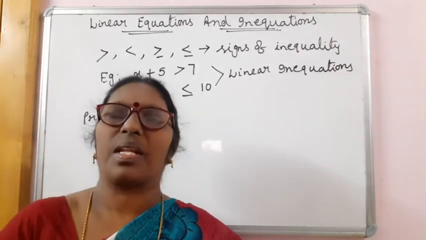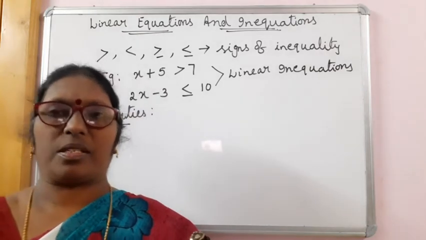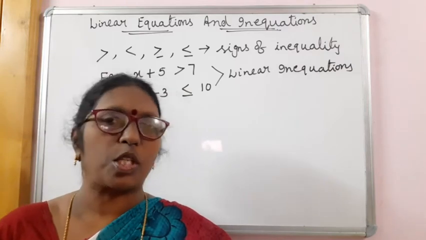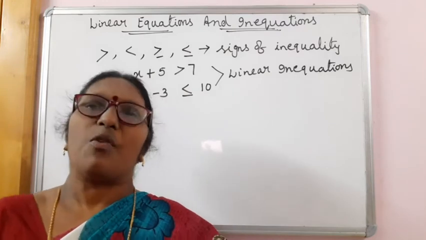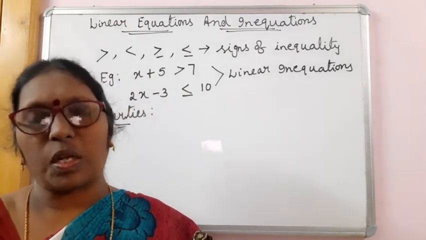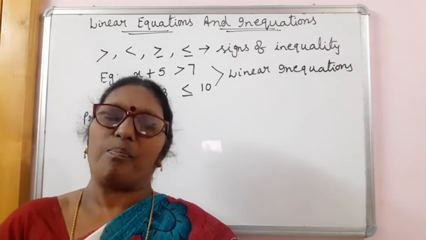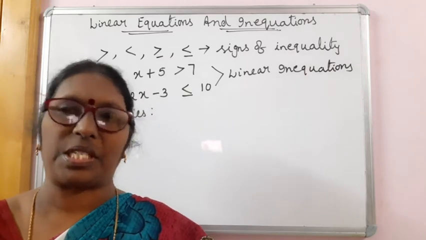When we add or subtract both the sides by a negative number also, the sign of inequality does not change. But when we multiply or divide both the sides by a negative number, the sign of inequality changes.